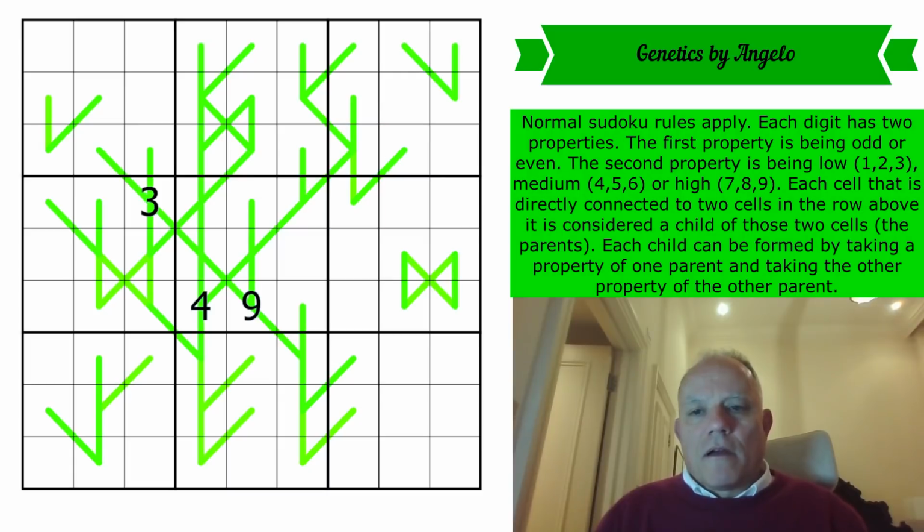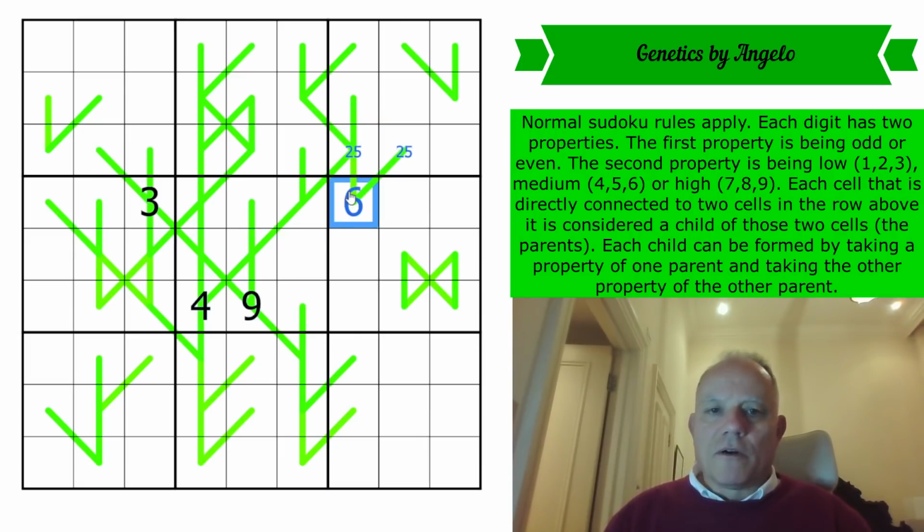And so Angelo's given some examples. Parents with values 2 and 5, so let's put 2 and 5 here. They could have a 6 as a child, and the 6 would be getting its even property from the 2 and its medium property from the 5. So that's possible.